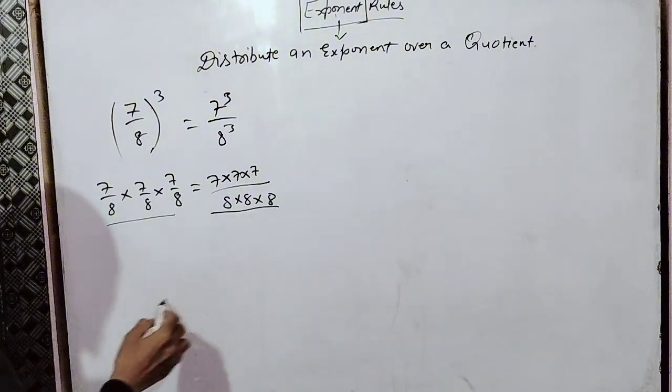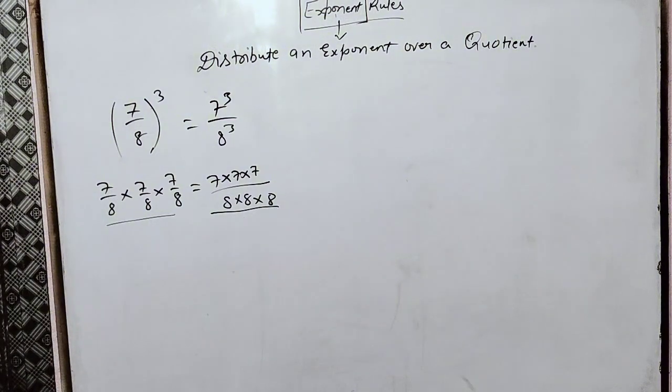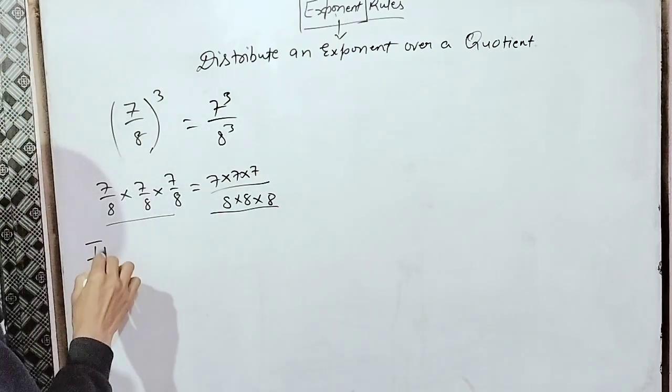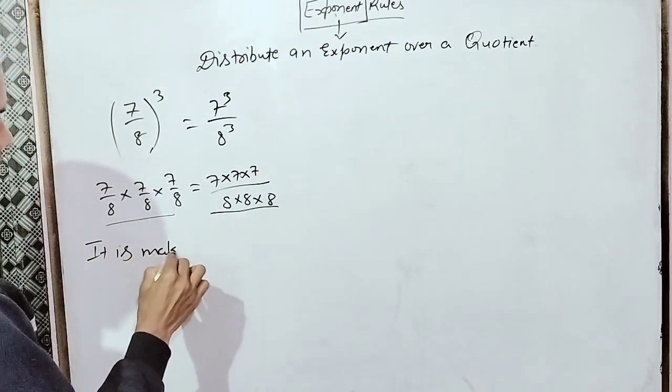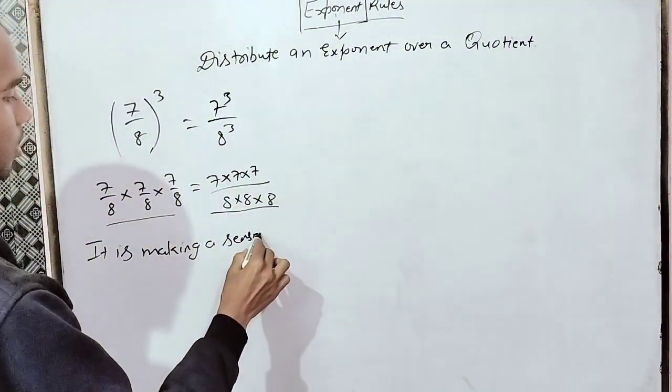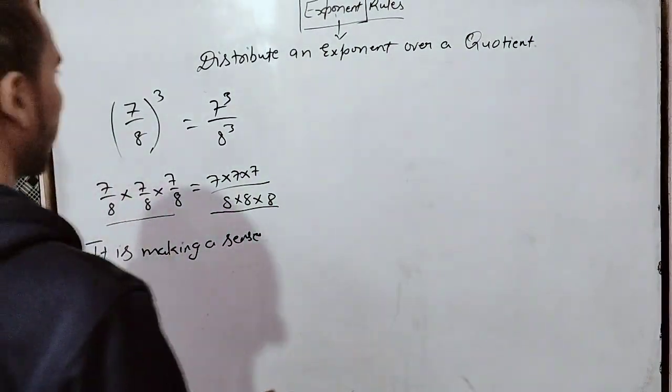So here we can say this and this are equal. LHS is equal to RHS. It is making sense.